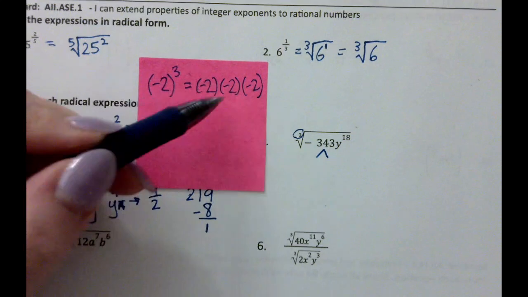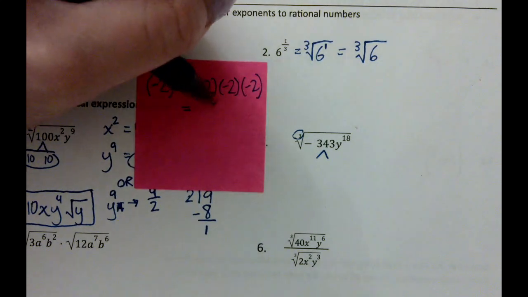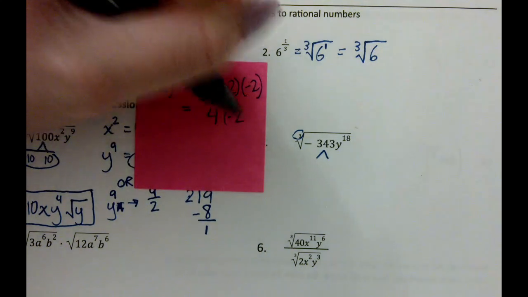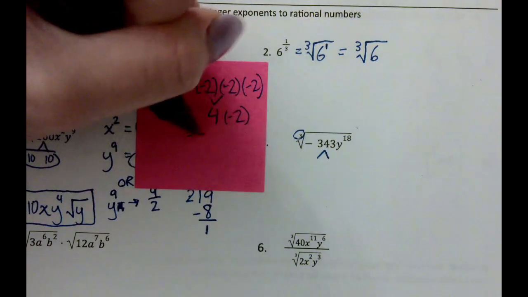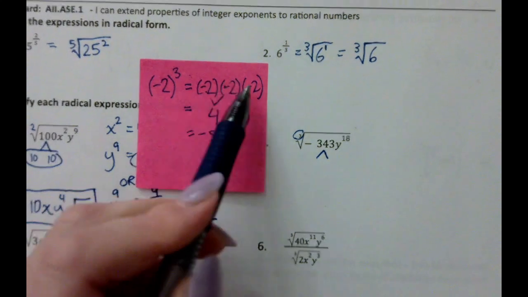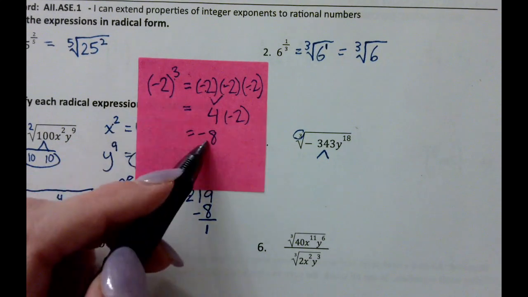I'm going to do this in 2 steps just to demonstrate the point. Negative 2 times negative 2 is positive 4, because negative times negative is positive. And then when I multiply that by a negative 2, it turns it back into a negative, and it's negative 8. So when you have an odd number of negatives, because of that 3, your answer will be negative.